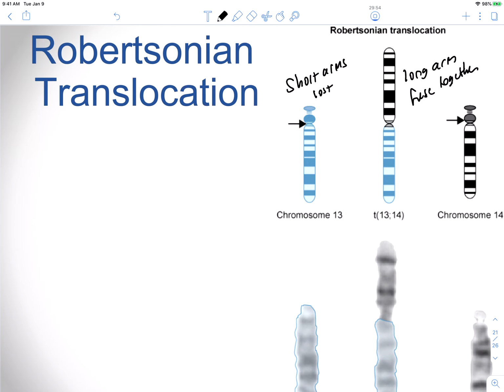These are going to be limited to certain chromosomes, so only chromosomes 13, 14, 15, 21, and 22 can do this because these are acrocentric.